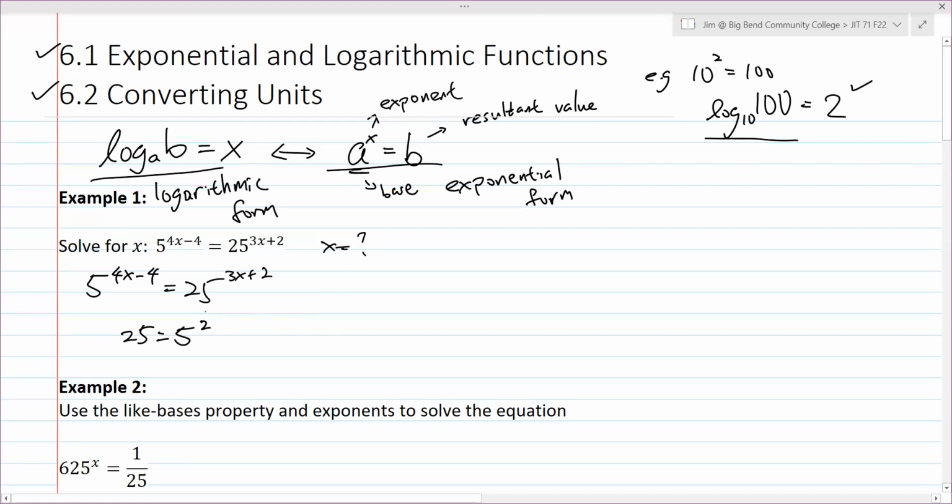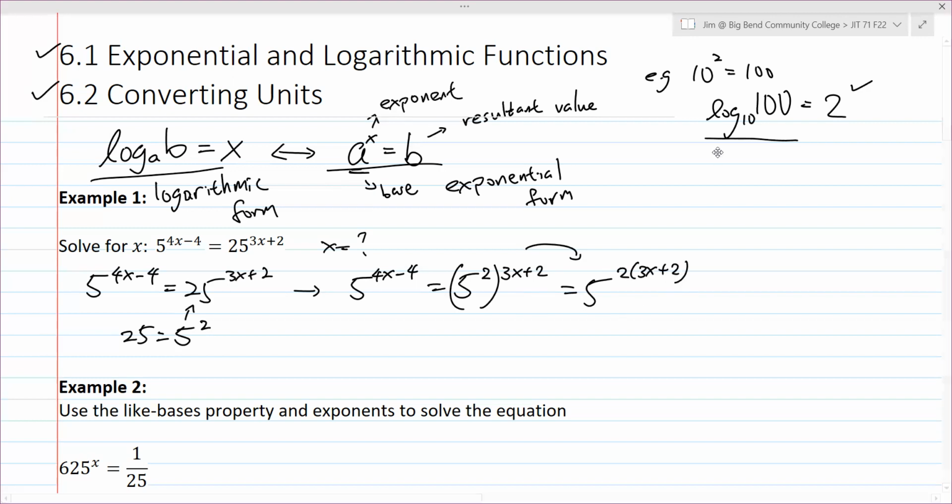If you apply 5 to the 2 on the right-hand side, what you get is 5 to the 4x minus 4 equals 5 to the 2 with the power 3x plus 2. The powers can be multiplied in this way, so you will have 5 to the 2 times 3x plus 2, and you'll expand that term later on.